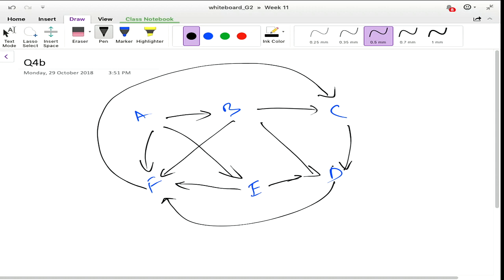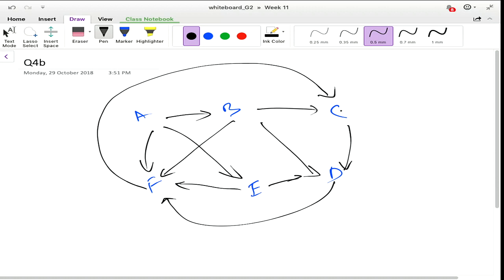Alright, so that's the graph. So we need to find a cycle here. Nothing is incoming into A, so A cannot be part of any cycle. We can see whether there is any cycle involving B. If it's A, B, then it will be F, but it's not a cycle there.